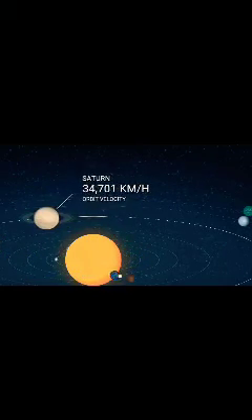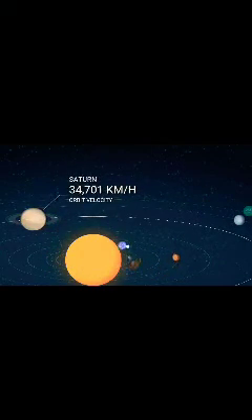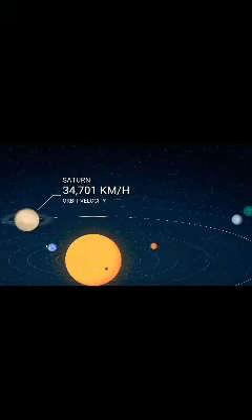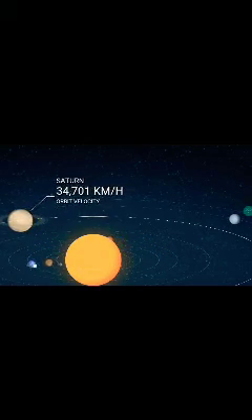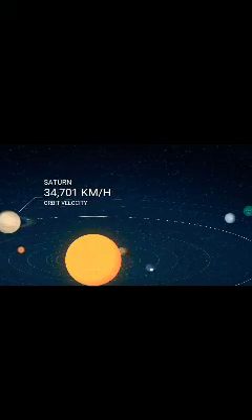Though its mass is 95 times that of the Earth, its density is very low. If it were dropped into a sea large enough to hold it, it would actually float in it.